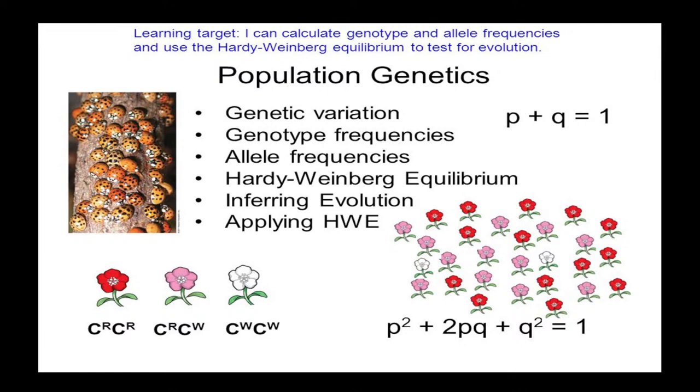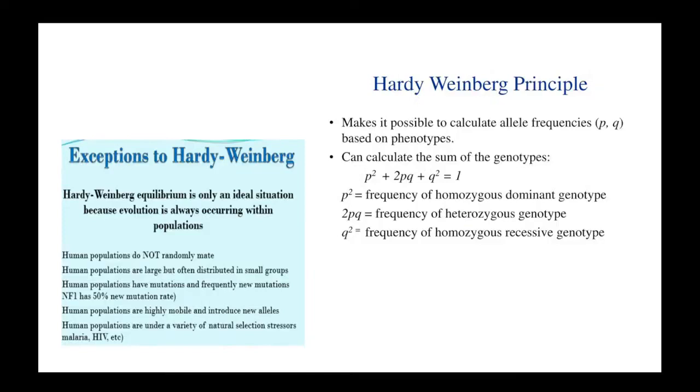The frequency of alleles and genotypes is studied by the Hardy-Weinberg law. It shows that in an ideal population the frequency of alleles will be constant from generation to generation. But this law is used only in an ideal situation.